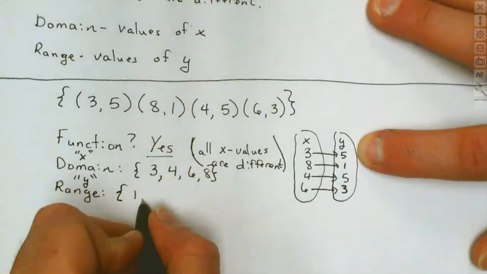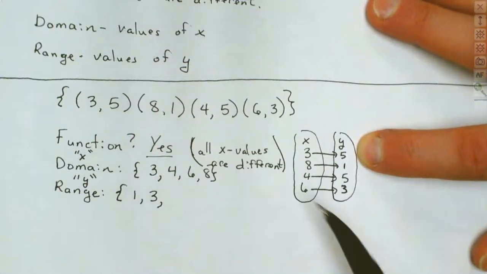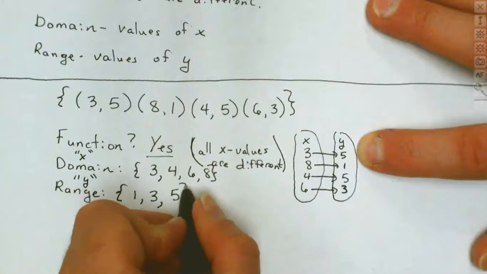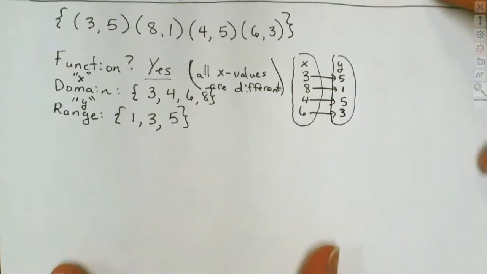Smallest one is 1, then 3. And then how many 5s do we have? We have 2 of them. We write them one time. So that would be for my range then, 1, 3, and 5. That one was a function.